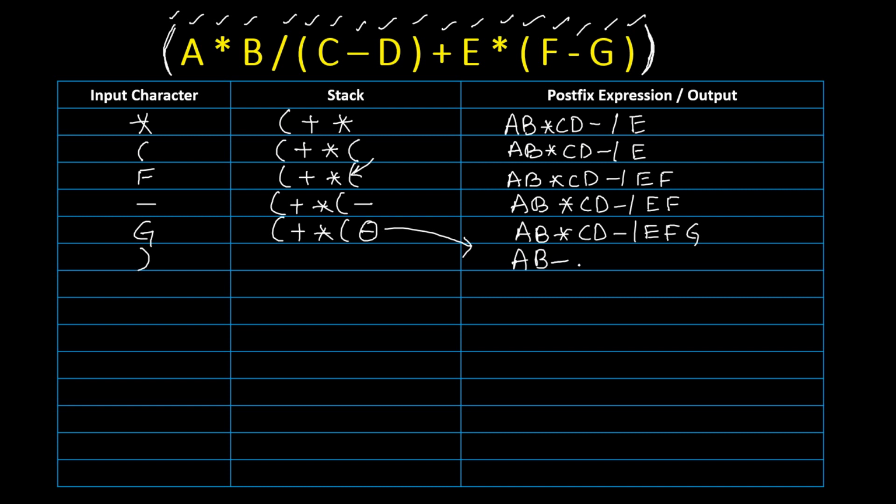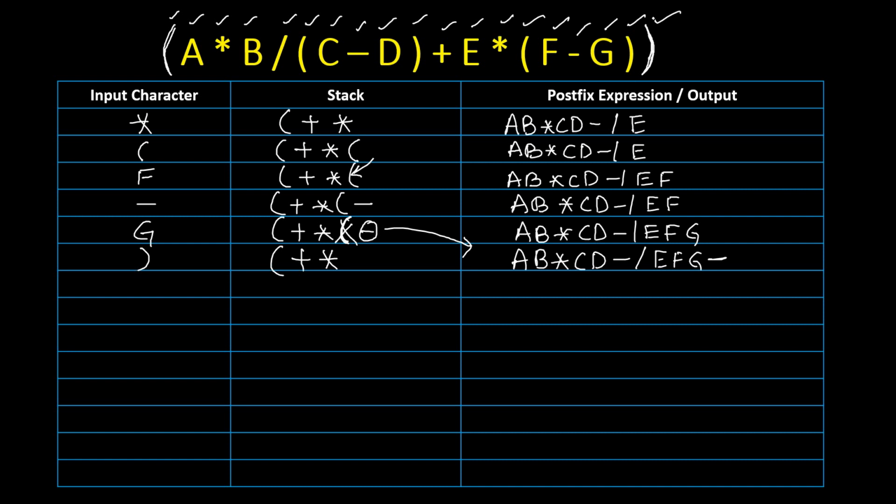So remove the minus there and add minus to the postfix expression. You have to do this process until you encounter a left parenthesis, and whenever you encounter it, just discard it. So what is remaining? Left parenthesis, plus and star.